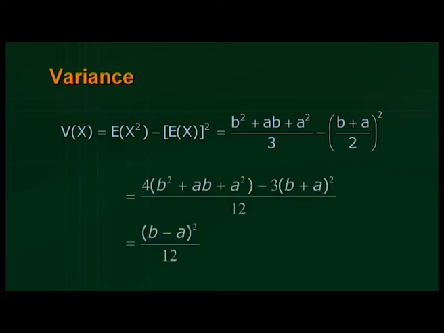Taking common denominator as 12, we get 4 into b square plus a into b plus a square minus 3 into b plus a the whole square divided by 12. On simplification, we get b minus a the whole square divided by 12.